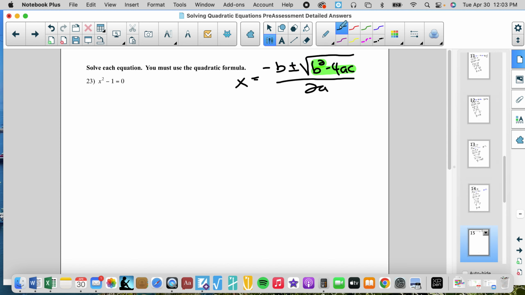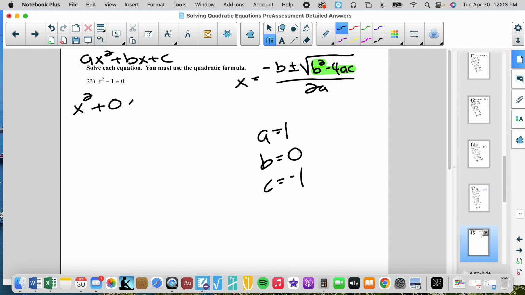So something to consider. In this problem, my A is 1, my B is 0, and my C is negative 1. Why is that the case? Because remember, this is in ax squared plus bx plus c. And so this is x squared plus 0x minus 1 equals 0.